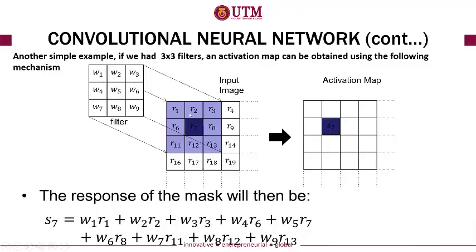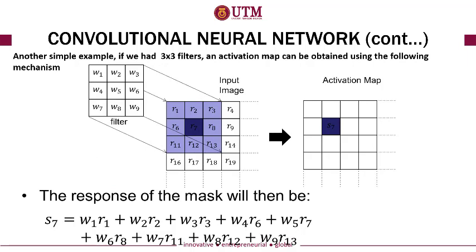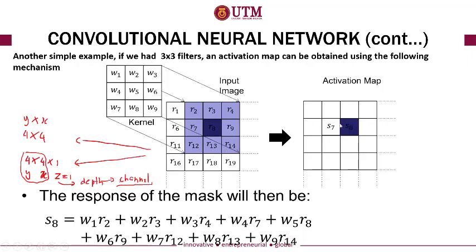Okay, so you can see the transition there. If you want to find the S7, you slide this window into this area of the image, and then if you want to find, let's consider this as O8 here, then you need to step just one pixel from here to here.